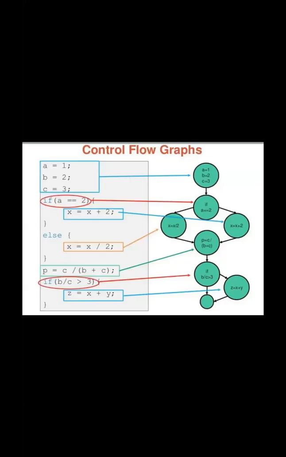Each and every statement, the condition, assignment operation, is represented using one node. The if statement is represented using another node. And if the condition is true, there is the true branch and the false branch. Then branching, then the assignment process. So everything is represented using the flow graph.